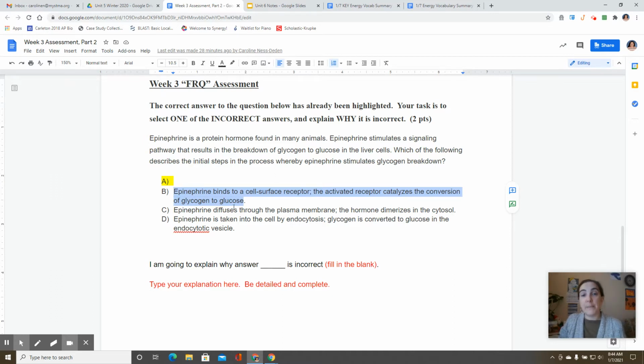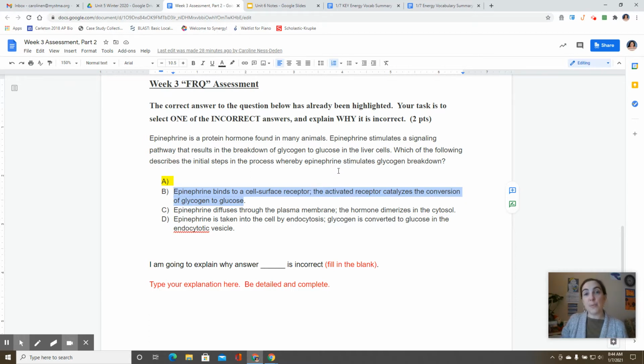So when you read letter B, what you'll need to do is just read that and figure out, okay, what part of this is wrong and why can I rule that out? And you don't need to talk about or understand everything about it. You just need to be able to find a word or a couple words that tell you that this one can't be the right answer and explain that.